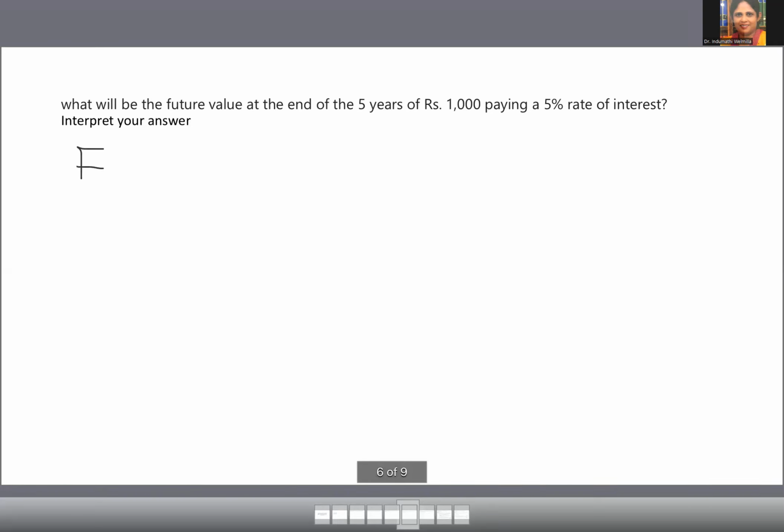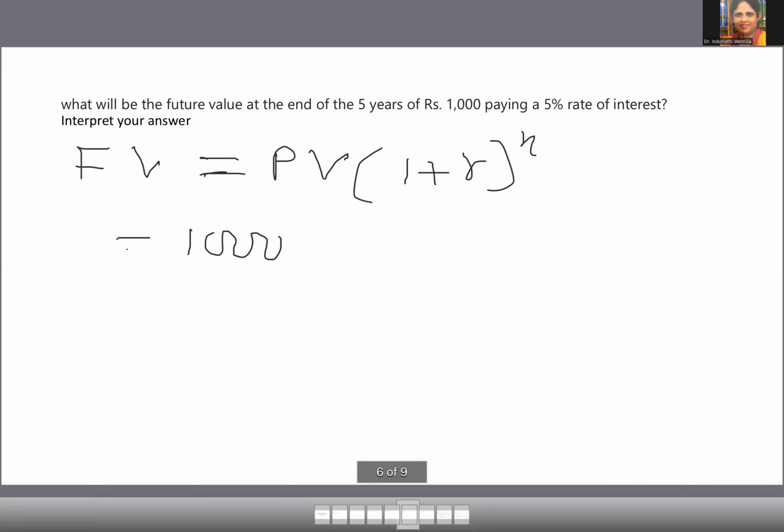So future value equal to, what is our formula? PV, present value, times (1 plus R) to the power n. Then future value equal to our principal amount, the present value, which is 1,000, times (1 plus our interest rate).